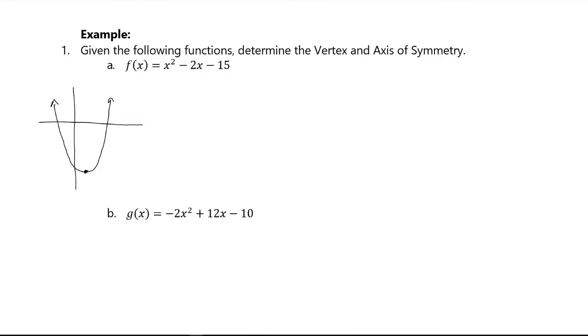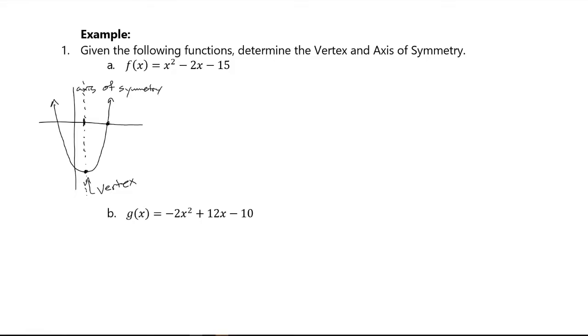Either a highest point or a lowest point, and we call that point the vertex. This point is always going to have an x value that is the axis of symmetry. So this is the axis of symmetry.